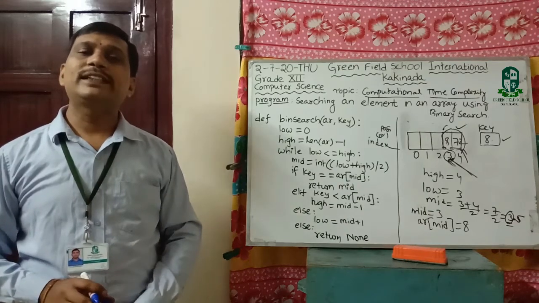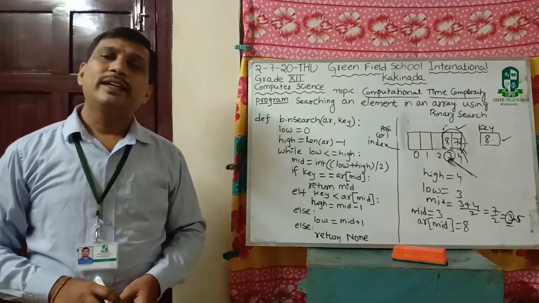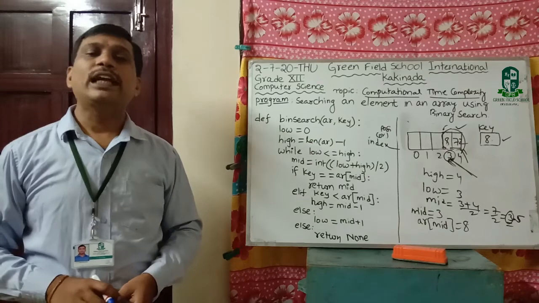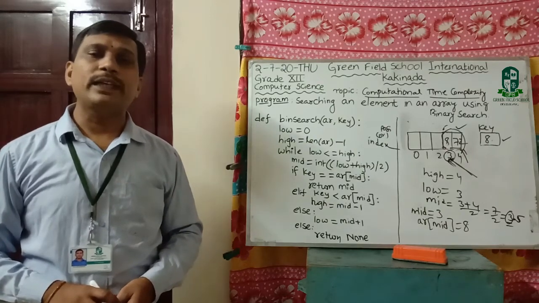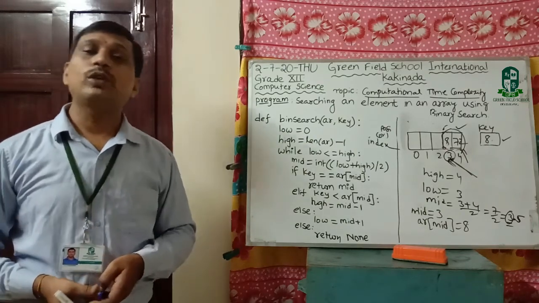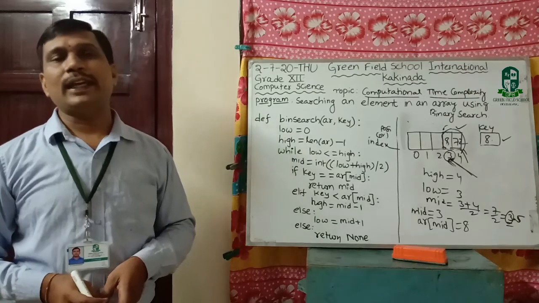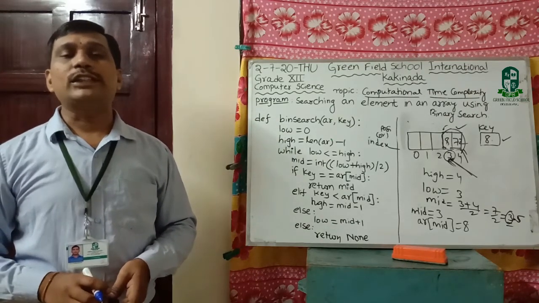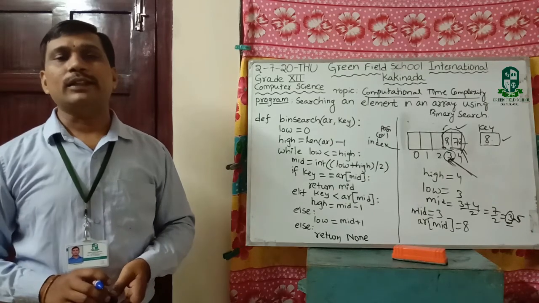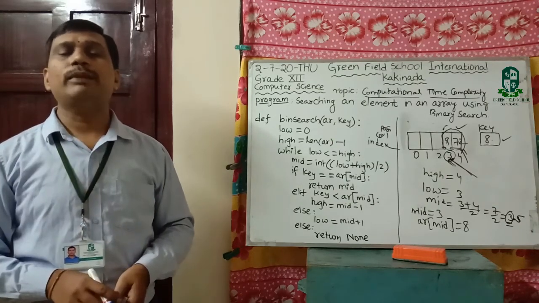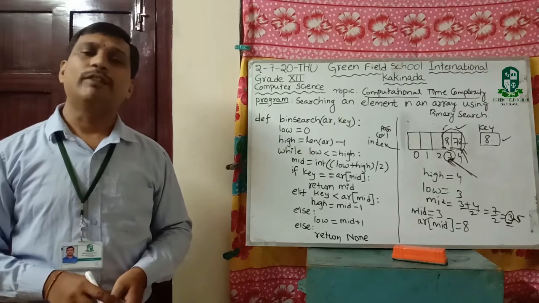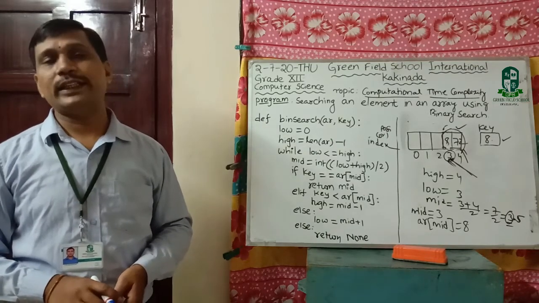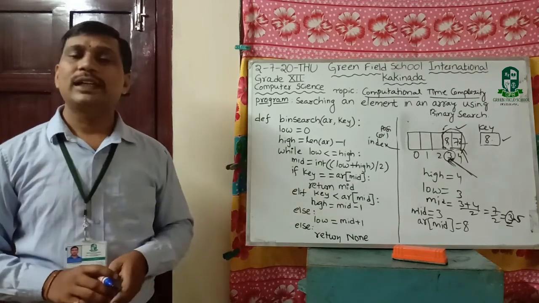N elements can be divided into n by 2. How many times is it repeated? Suppose k times. So n by 2 power k. When we reach one element, n by 2 power k is equal to 1. In this way we proceed to the time complexity of this algorithm.